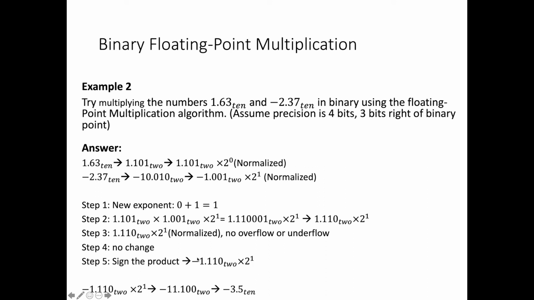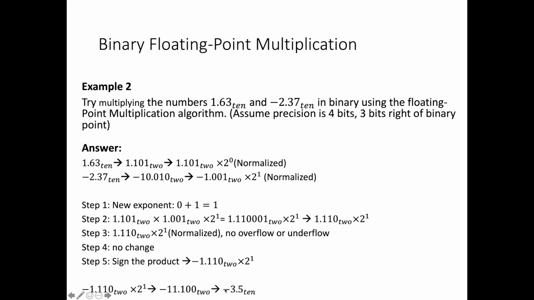To check the accuracy of this algorithm, we can translate this binary number into a decimal number. After we do the translation, we get the final result, which is negative 3.5. Clearly, 1.63 times negative 2.37 is not 3.5, so the result is not really accurate.